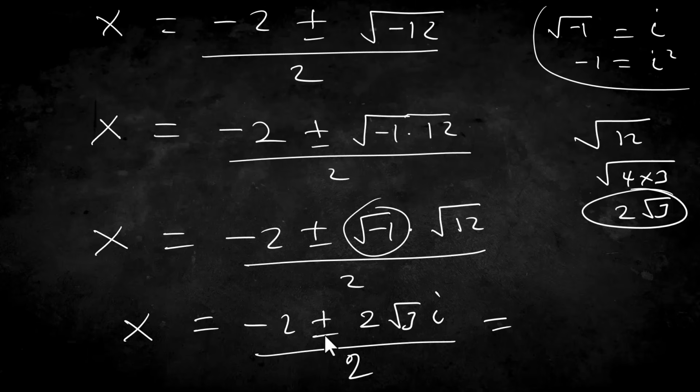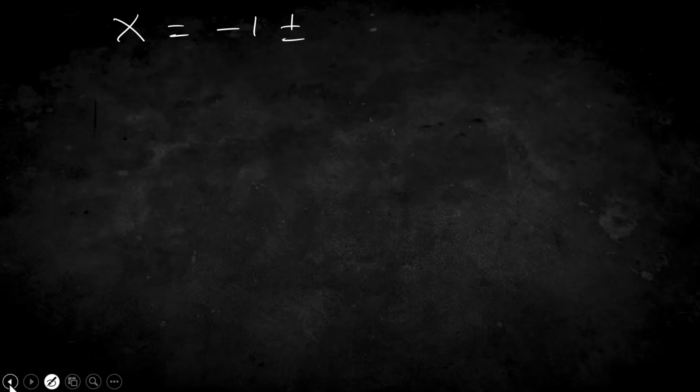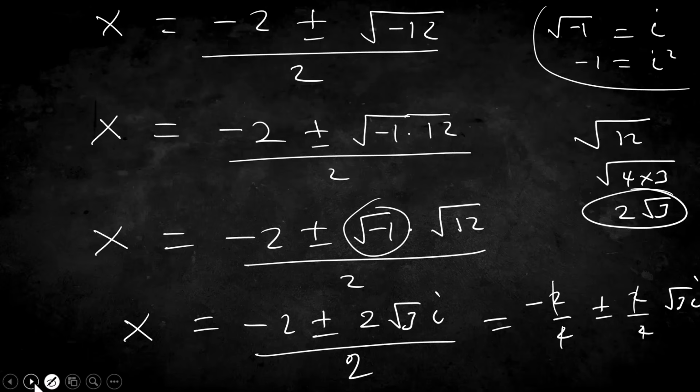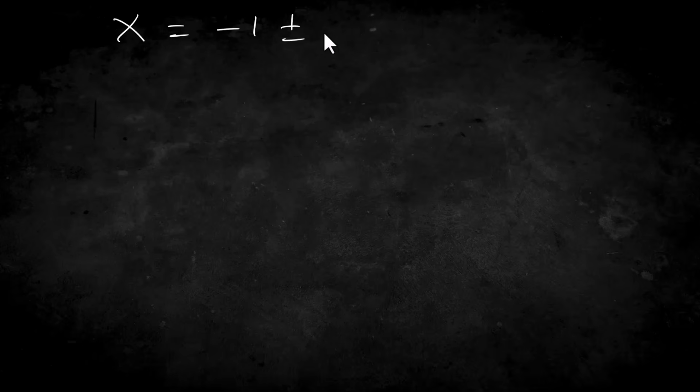So we have minus 2 over 2 plus or minus 2 over 2 root 3 i. So this side will cancel, making minus 1. So x is minus 1 plus or minus root 3 i.